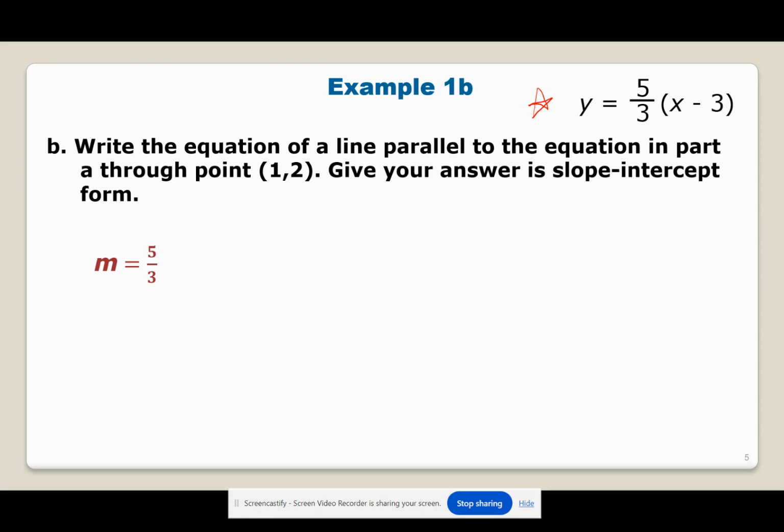Make sure you write that on all your homework, what slope you're going to be using. Now I take the slope that I've already used and take the new point, and I'm going to write my equation. I want my answer in slope-intercept form, but since I have a point and a slope and not an intercept, I'm going to need to start in point-slope form.